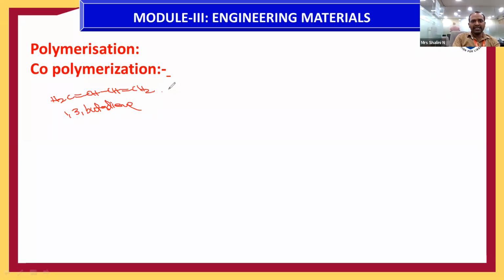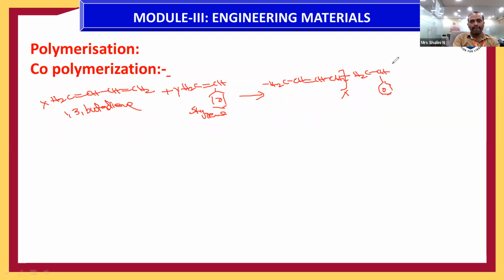Then 1,3 butadiene reacts with styrene to form Buna S rubber. How? This is the X number and this is the Y number. We get H2C CH double bond CH CH2 taken X times, and H2C CH taken Y times. So this is called Buna S rubber.